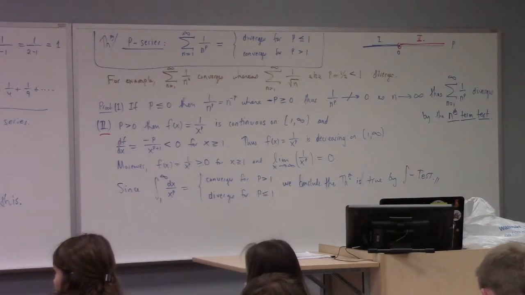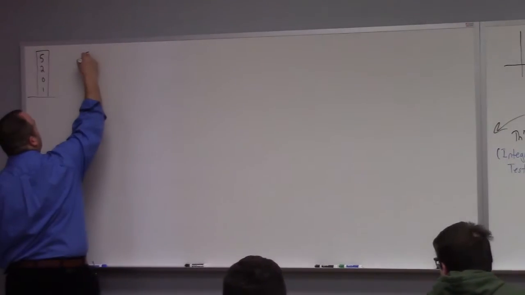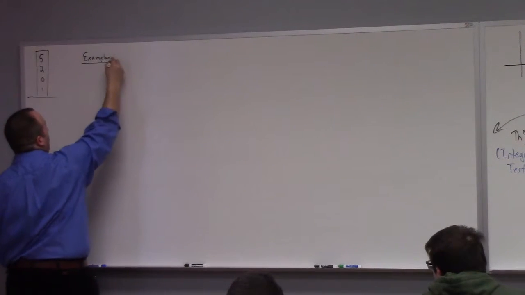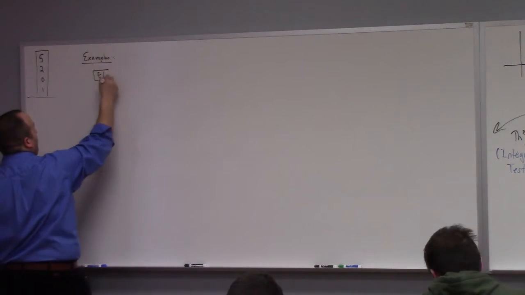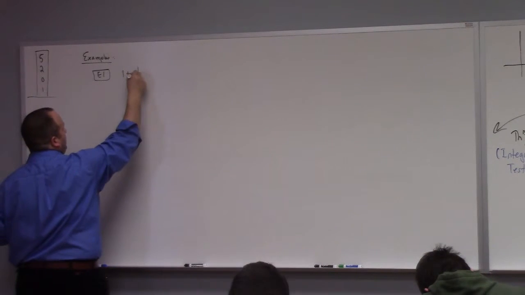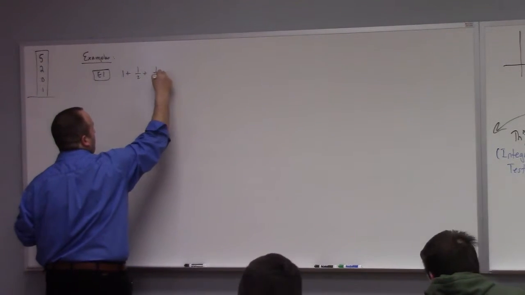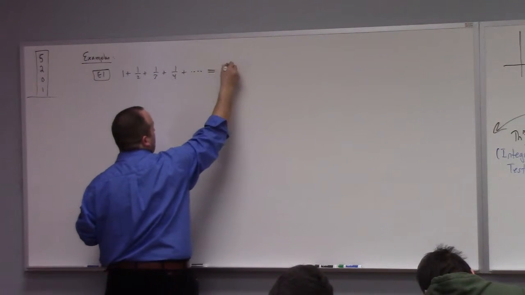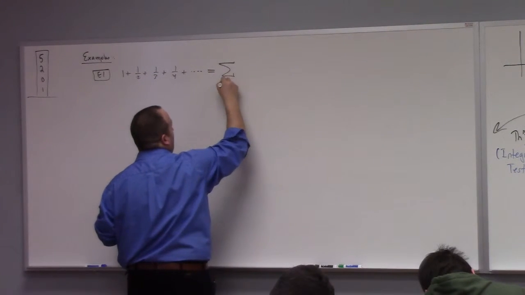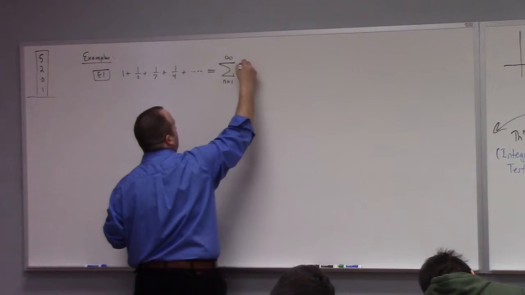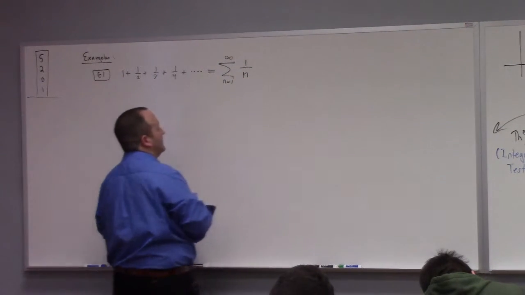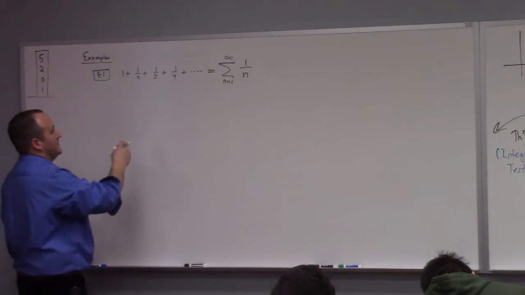So look at some examples. If we look at 1 plus 1/2 plus 1/3 plus 1/4 plus ... That's the sum, n equals 1 to infinity of 1 over n, right? So what's the deal with this one?